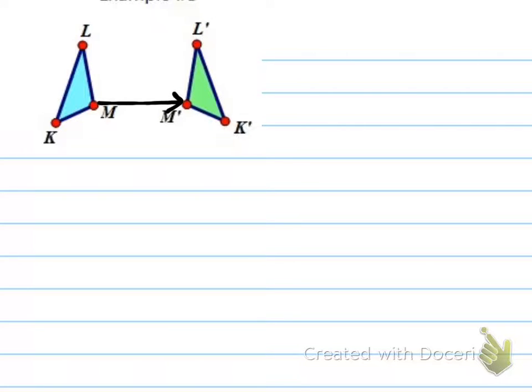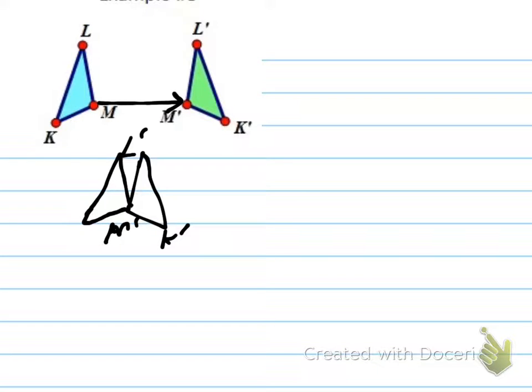So the intermediate step, the green triangle would be here. I can draw it better than that. The green triangle would be here, L prime, M prime, K prime. And after the translation, the M's match up, so the blue triangle would kind of be like this. All right?